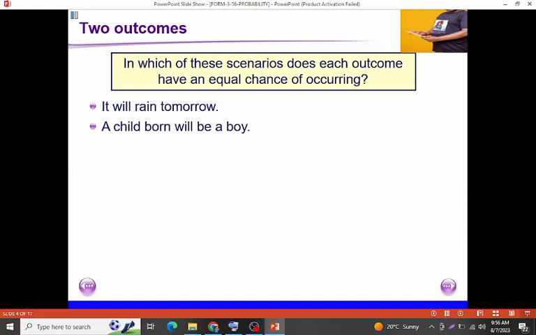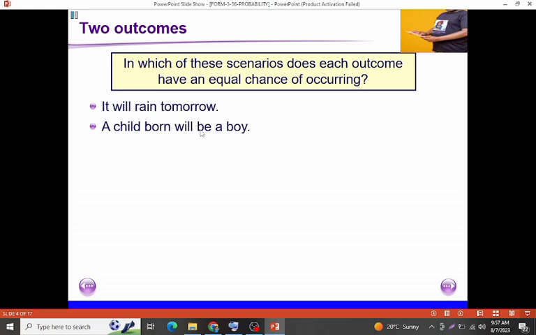No. What about a child born will be a boy? Assuming that boy and girl are the only outcomes, what is the scenario here? Is the probability that the child born is a girl equal to the probability that it's a boy?